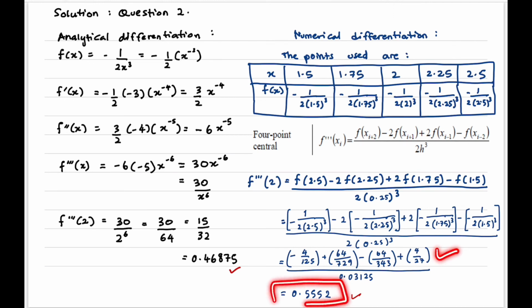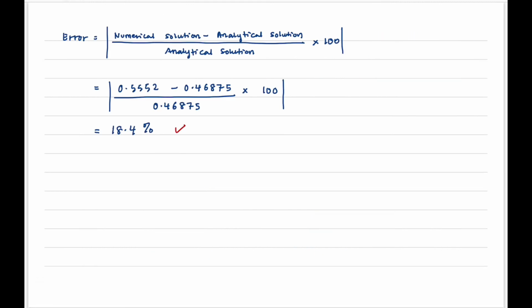Then you will get 0.5552. So this is your numerical solution and this is your analytical solution. Okay, now let's find the error. Numerical differentiation minus analytical divided by analytical solution times 100. Then you will get 18.4%.